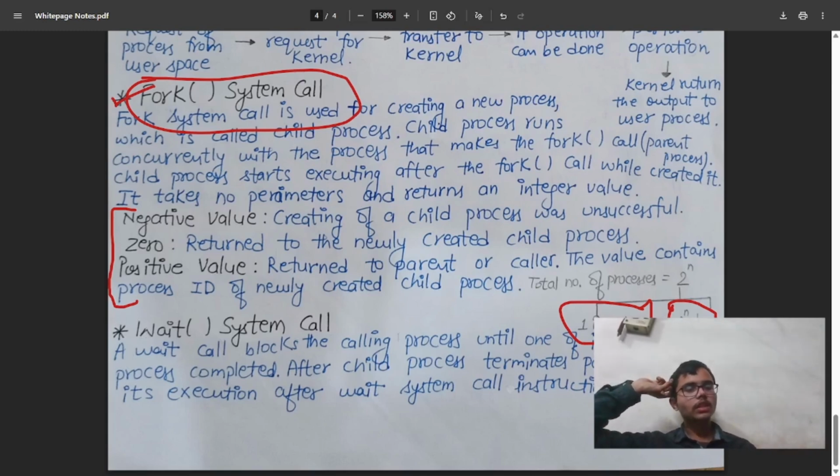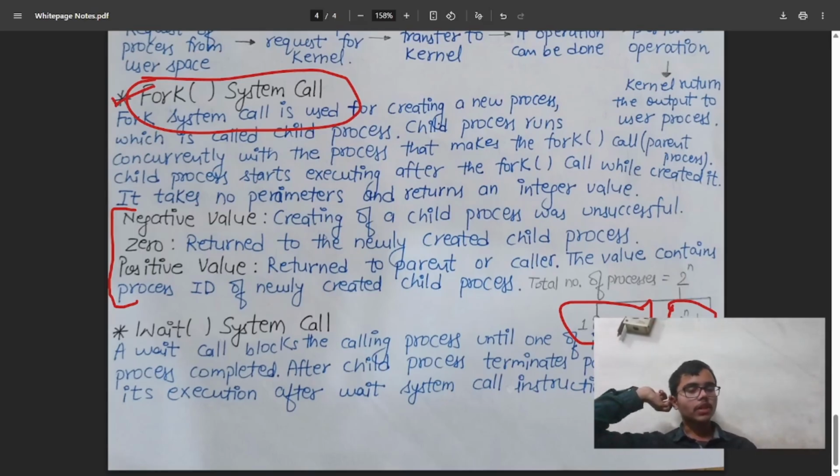A wait call blocks the calling process until one of its child processes completes. After the child process terminates, the parent continues its execution after the wait system call instruction.